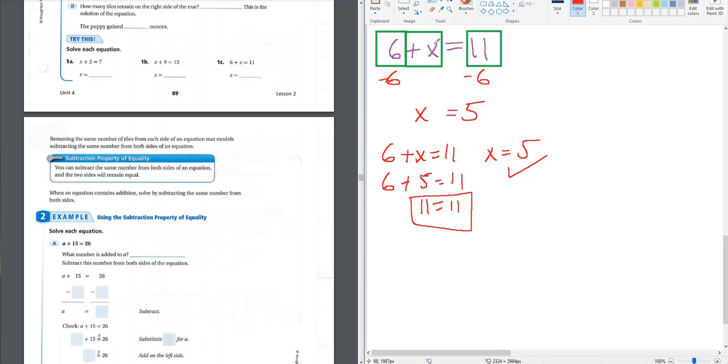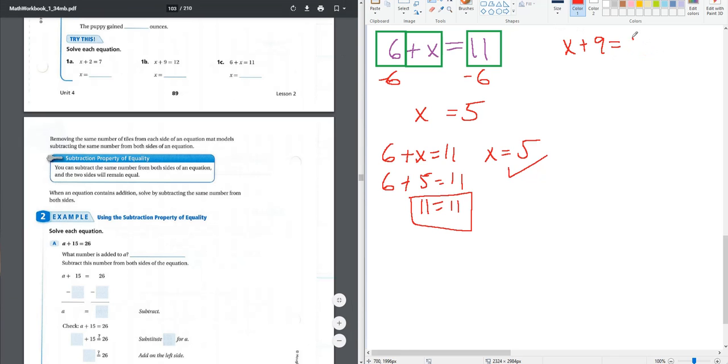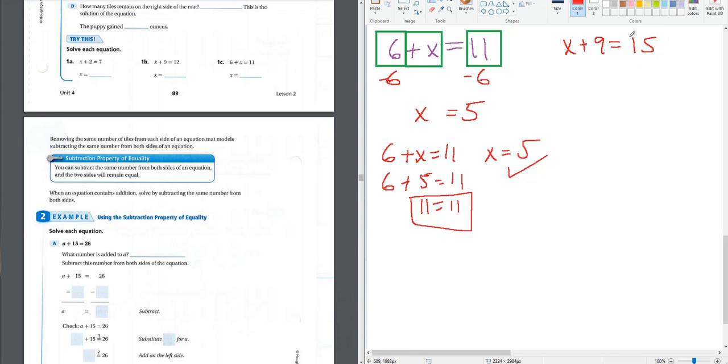You're just going to look at either the left side or the right side. It doesn't really matter which side the variable's on. But whatever is on the variable side, if it's not a variable, get rid of it by any means necessary. So if you see x plus 9 equals 15, you want to get rid of the 9.